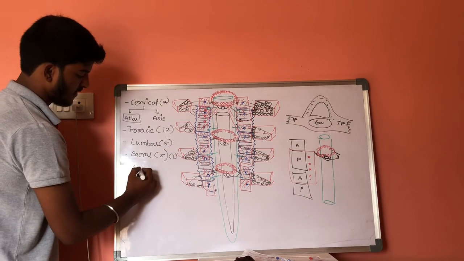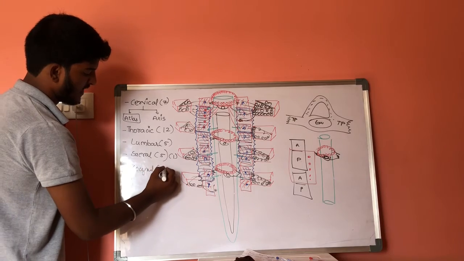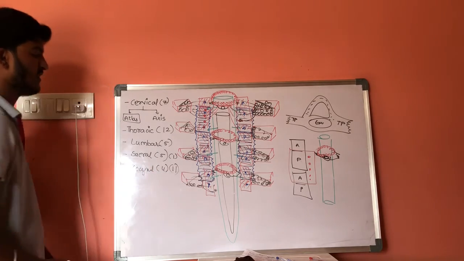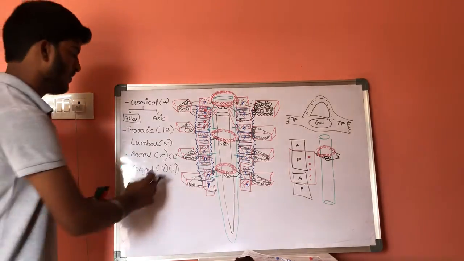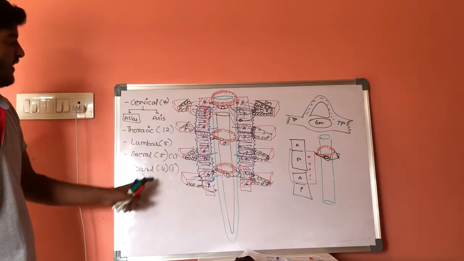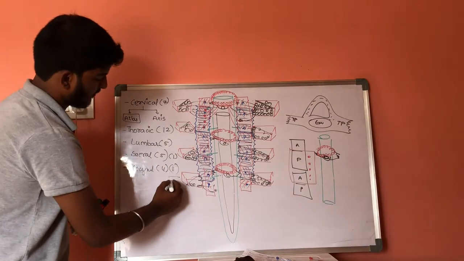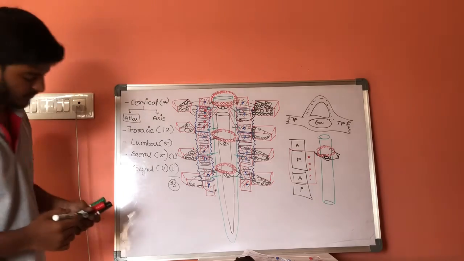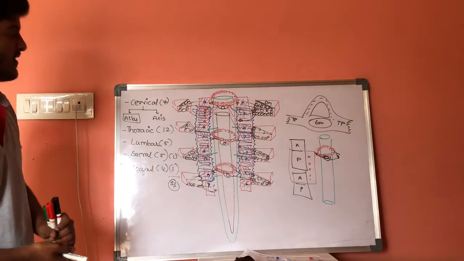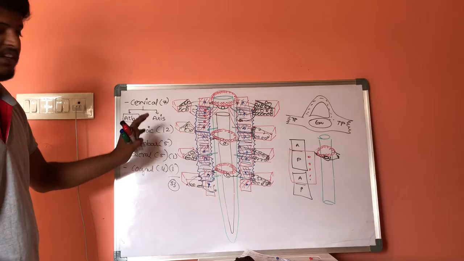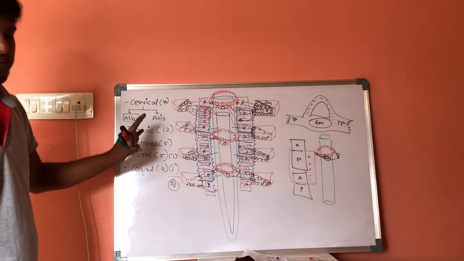And next one coccygeal vertebrae, 4 in number but fused into one. So totally there are 33. So this is the development of the vertebral system, vertebral column.